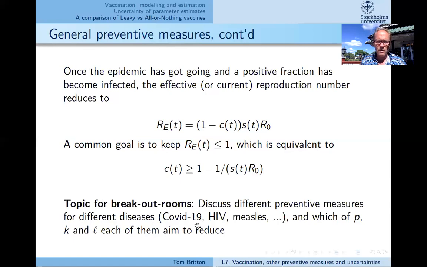You can think of COVID-19, but you can also think of HIV or other sexually transmitted infections, or measles, or influenza, or some other disease.